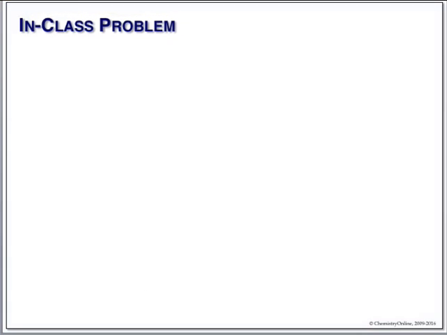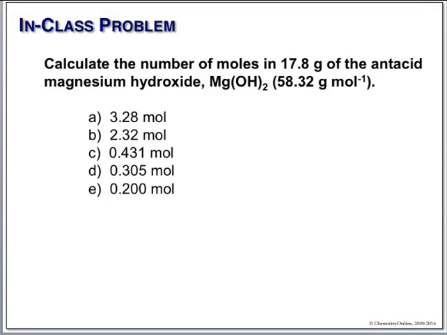All right, let's look at an old test question. We have 17.8 grams of magnesium hydroxide. Now, the formula weight here is 58.32 grams per mole. How many moles is this?